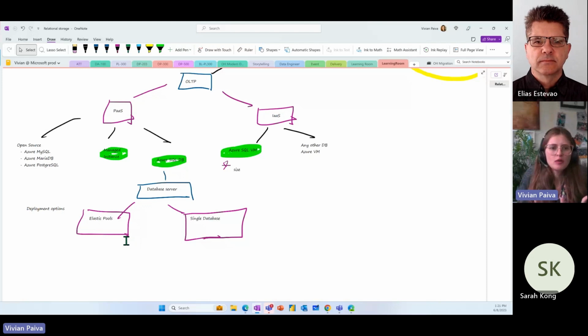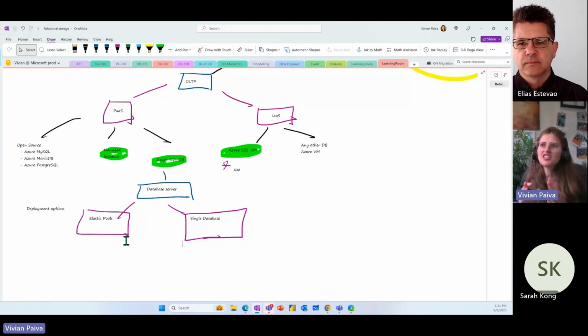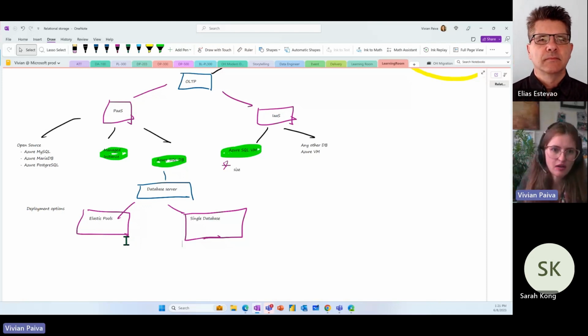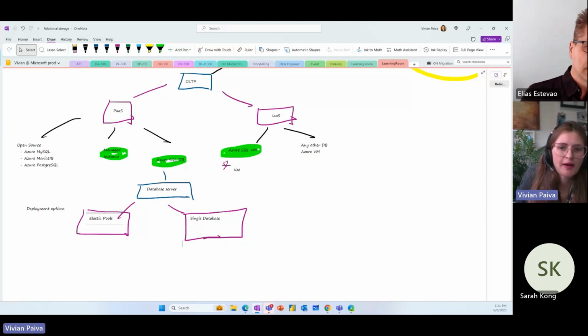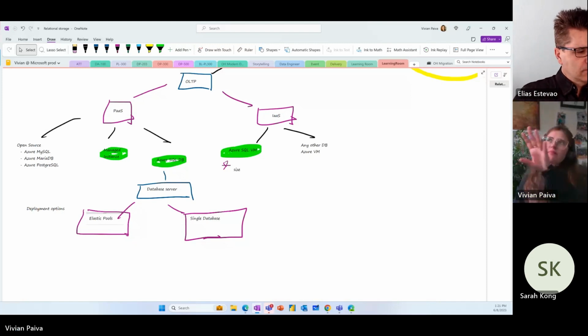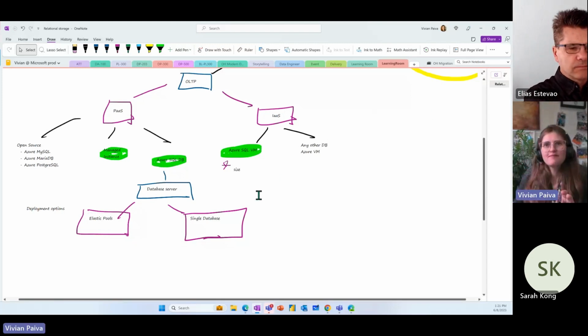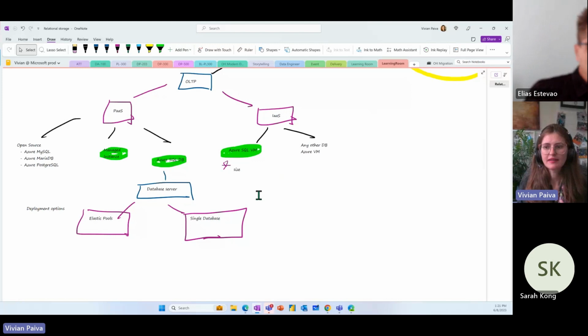So we allow efficiency of the utilization of those resources. Let's think that we have a multi-tenant scenario, and we want high performance because there are peaks during the day. Let's say that we work in different time zones.